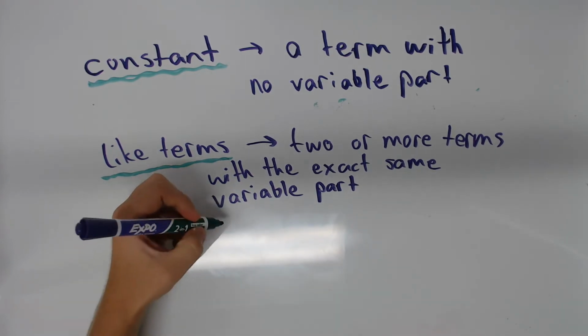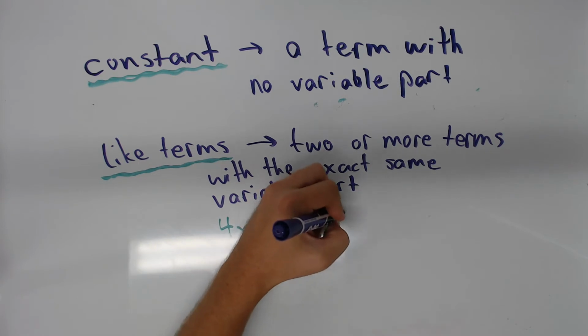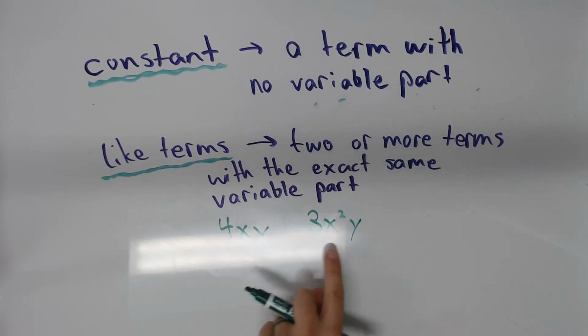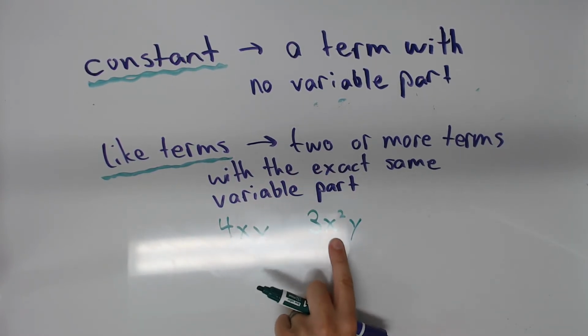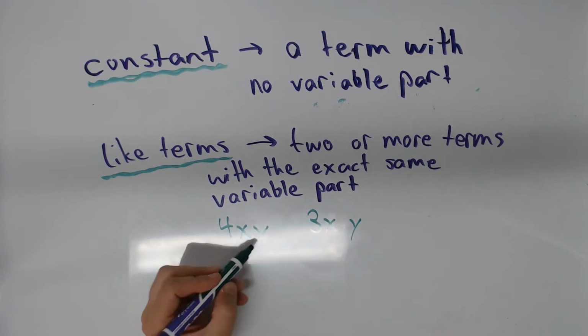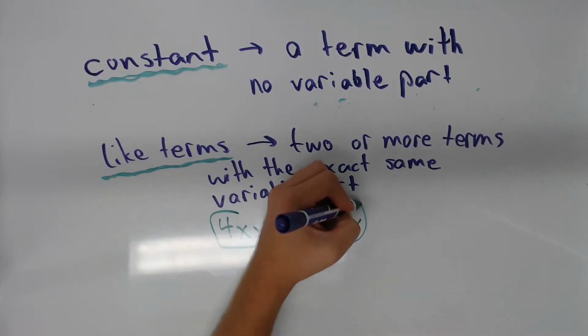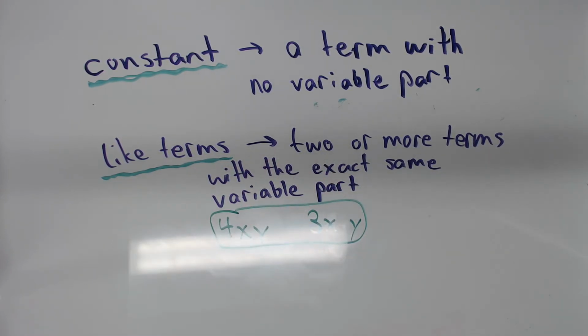So I can have, like a 4xy and a 3x squared y. Those are not the same, because the x has a squared in this one. If I get rid of that, though, we're good. xy and xy. We're not going to spend a whole lot of time looking at stuff like this year. Maybe a little bit when we're factoring expressions, but I wouldn't worry too much about that case. It is good to know that they're like terms, though.